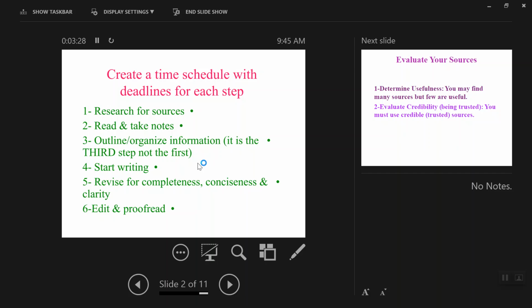Writing, immediately go and write. No, you have to look for sources, read and take notes, and then you have to organize information. And number four, start writing. Okay, you have sources, you have notes, you read them, you took notes, then you make an outline.